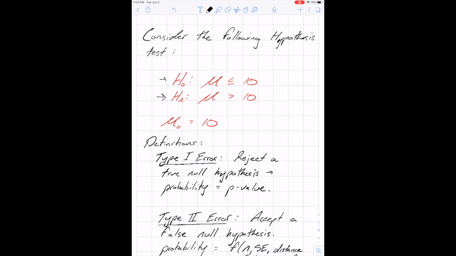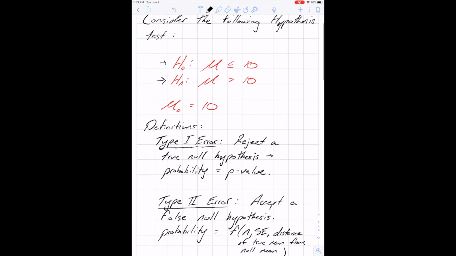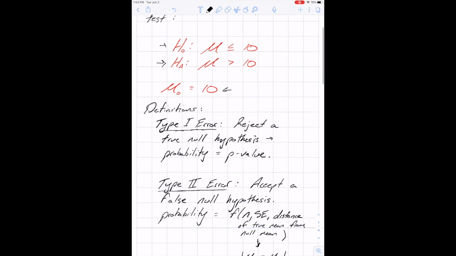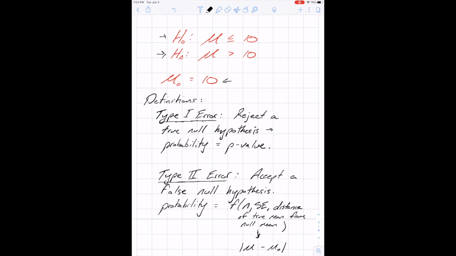So our alternative is yes, mu is greater than 10. The null hypothesis is no, mu is less than or equal to 10. From that, we can see that our null mean is 10 right here. So that mu naught number is the number that divides the world of the null and alternative hypothesis.